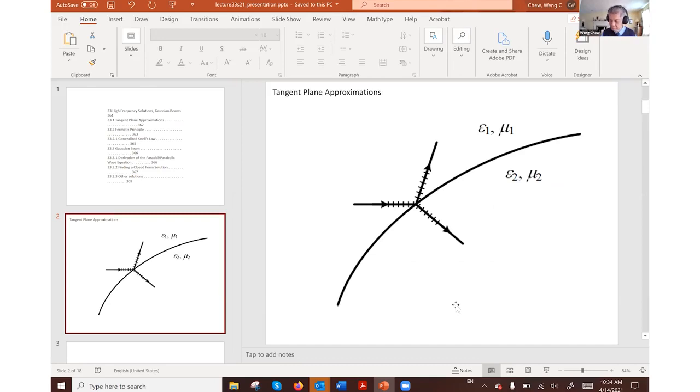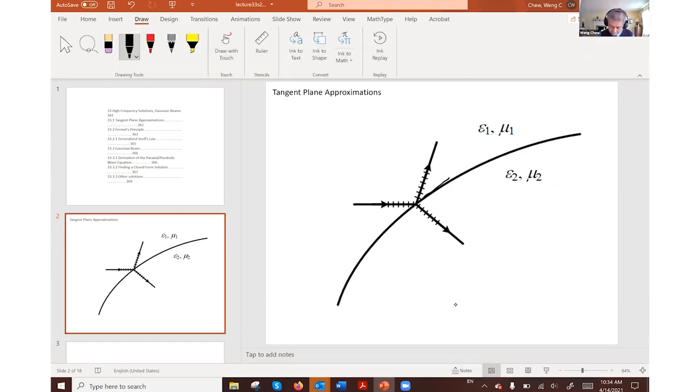In the tangent plane approximation, you assume that a wave is locally tangent to a surface. So you can say that this is a tangent. This is usually called tangent to a surface.